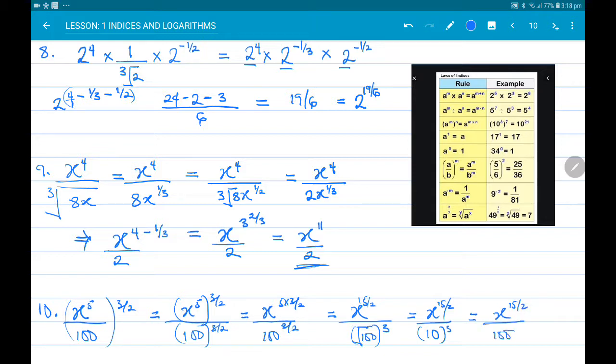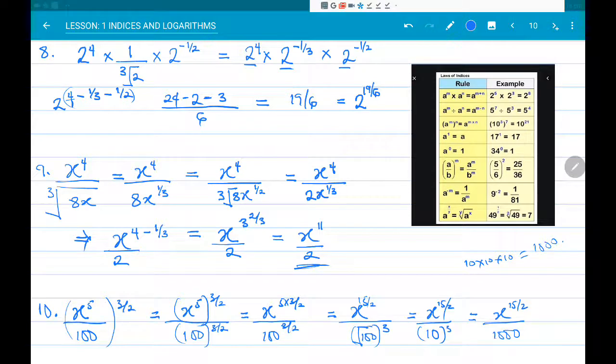So we have x raised to the power of 5 bracket 3 over 2 over 100 bracket 3 over 2, which is equal to x raised to the power of 5 times 3 over 2 over 100 to the power of 3 over 2.